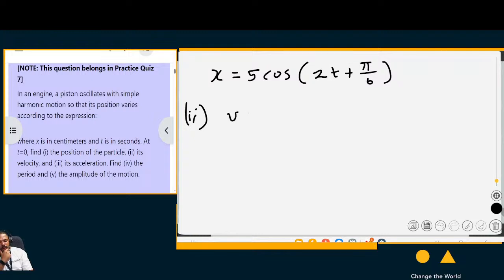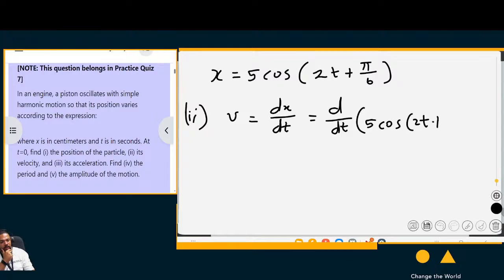Velocity is equal to dx/dt, the derivative of the position function with respect to time, d/dt of the function 5 cosine(2t plus pi over 6).